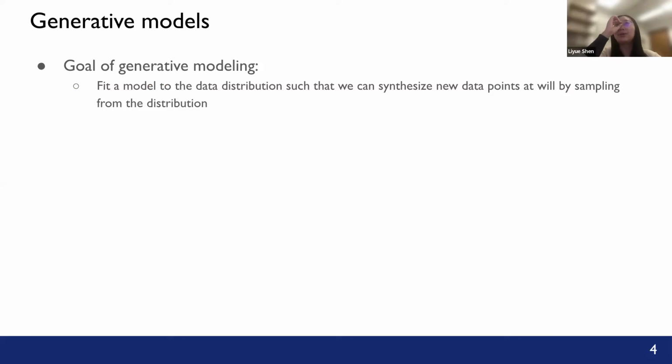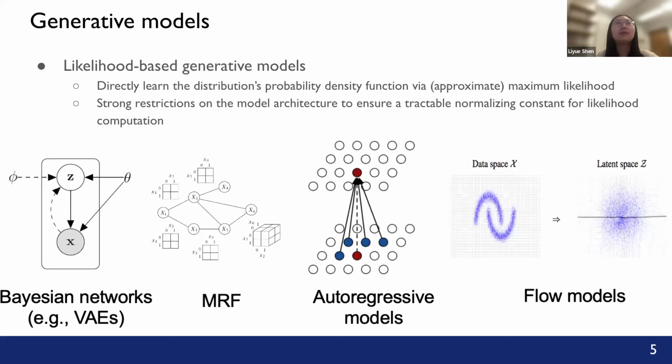So what is generative modeling? The goal of generative modeling is to sample or synthesize new data points from a distribution. Looking at previous graphical models or flow models, a bunch of methods were proposed: likelihood-based generative models.